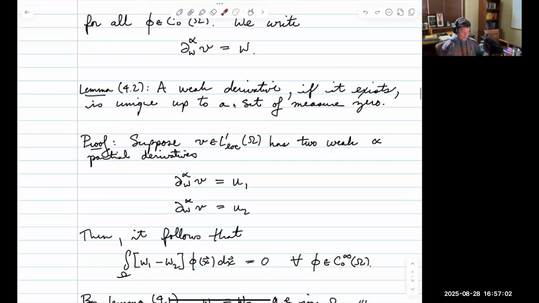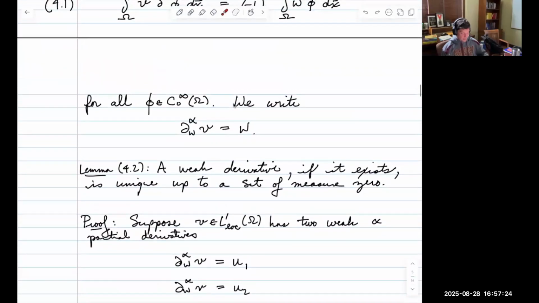How can I do this? Suppose that v is an L1 loc function that has potentially two weak alpha partial derivatives. So for example, the weak alpha partial derivative of v turns out to be u1, but in our supposition it's also equal to u2. Is this possible?